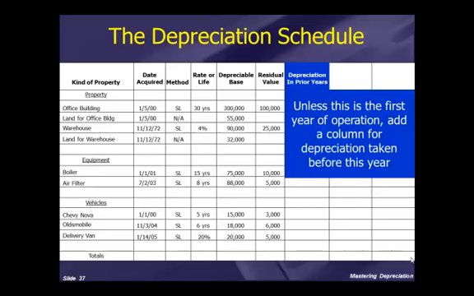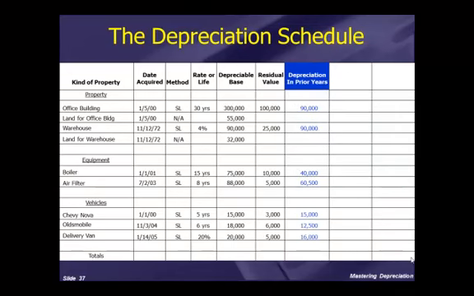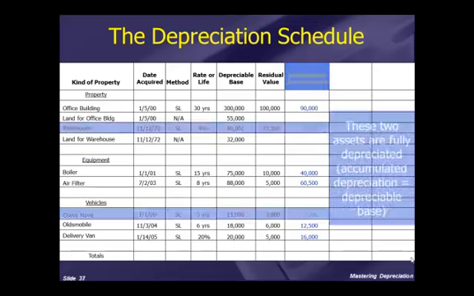So do take note here that what they have blocked out in blue is the depreciation in prior years. We'll need to have an amount in here unless this is the first year of operation. In this case, they're showing that there was already $90,000 taken prior to the current year that we're looking at. So $90,000 is already showing up in accumulated depreciation.